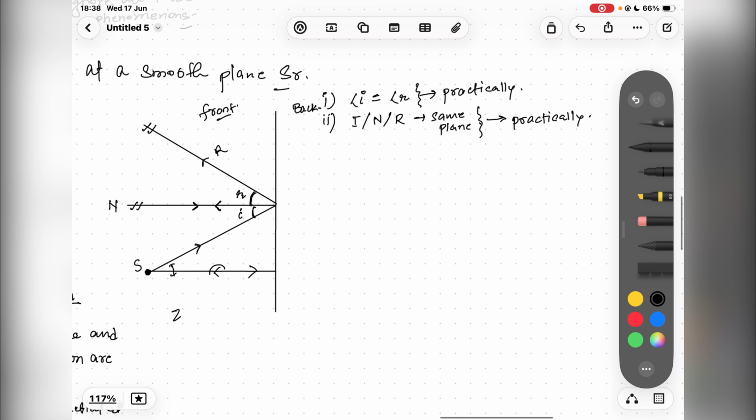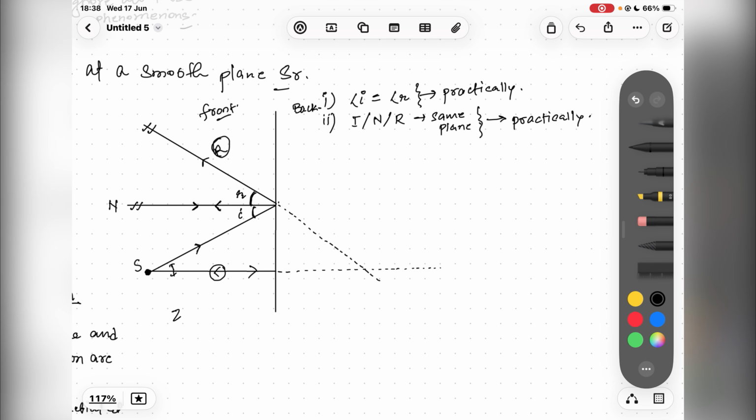Let's say we trace this reflected ray back into the back side of the mirror, and let's take this other reflected ray and trace its path into the back side of the mirror too.